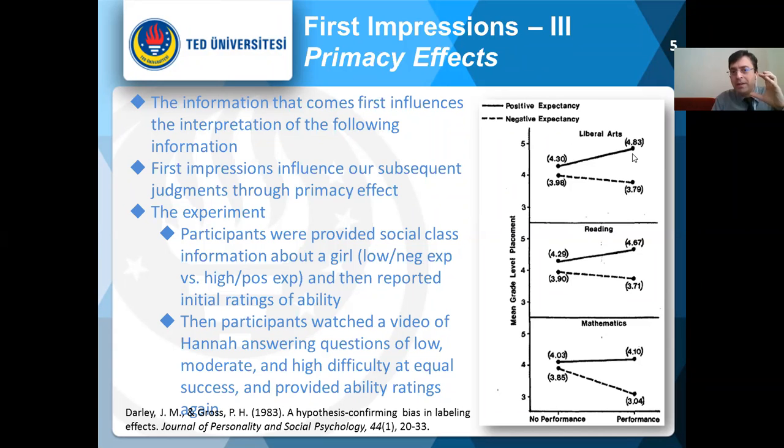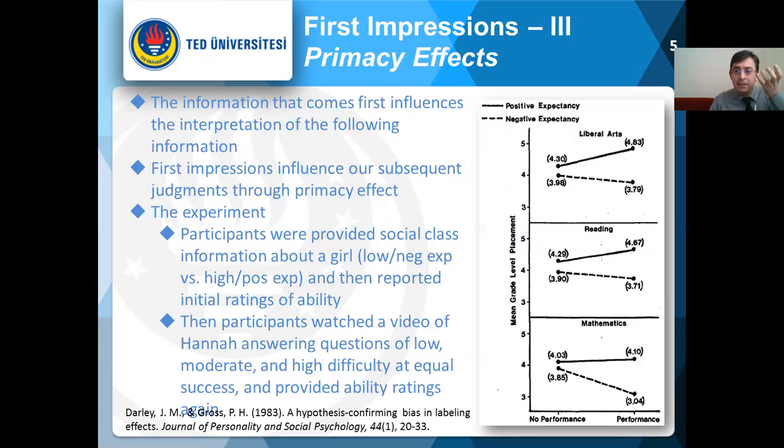Now, what we observe here is that the primacy effect, meaning the first stereotypical categorization, changed the meaning of neutral behaviors observed by these participants. And the participants who had negative expectations now changed their idea, thinking, as you observe here, that Hannah has lower school ability. Why?